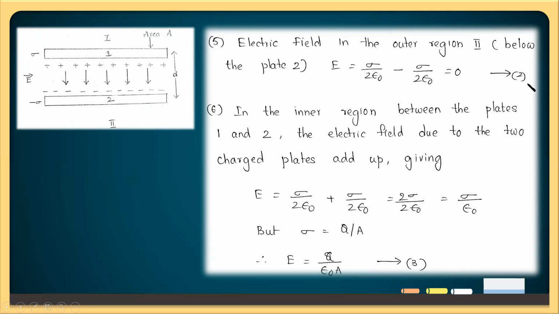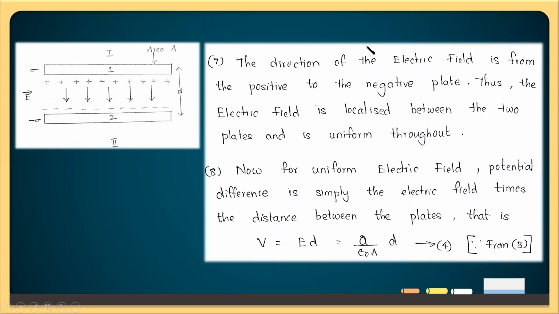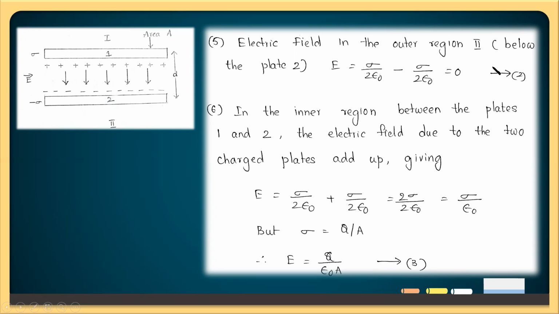So the electric field in the outer region 2, below plate 2, is once again 0. E is equal to sigma by 2 epsilon naught minus sigma by 2 epsilon naught, which is equal to 0.